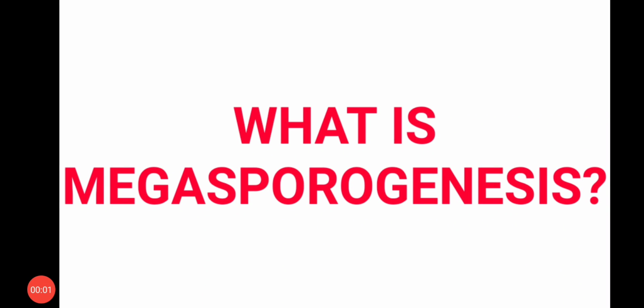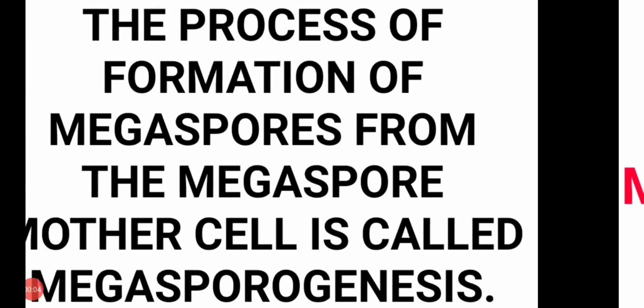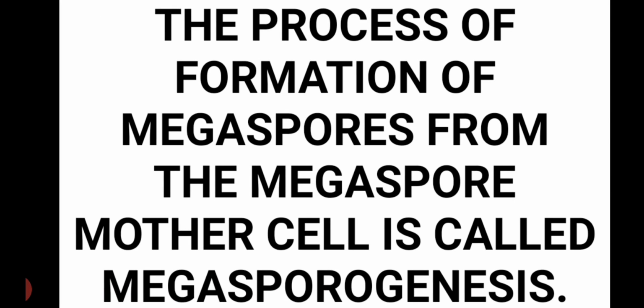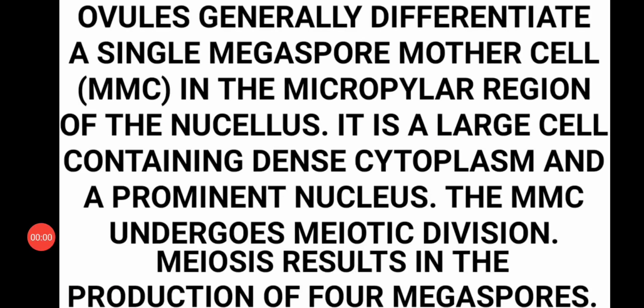Now, what is megasporogenesis? The process of formation of megaspores from the megaspore mother cell is called megasporogenesis. That means whenever the megaspore mother cell produces the megaspores, we call it megasporogenesis. In the ovules, at the micropylar region of the nucellus, we find a single megaspore mother cell that we call the MMC, and this large cell contains a dense cytoplasm and a prominent nucleus.